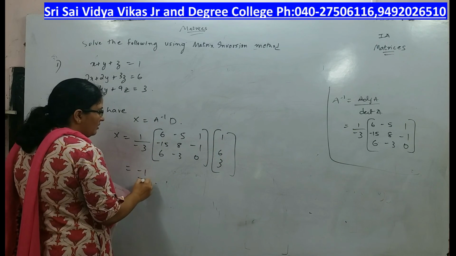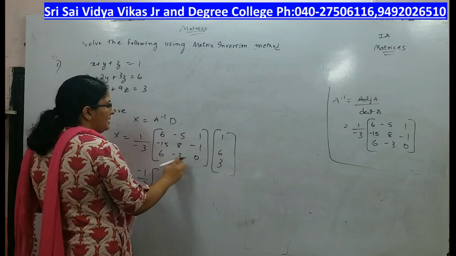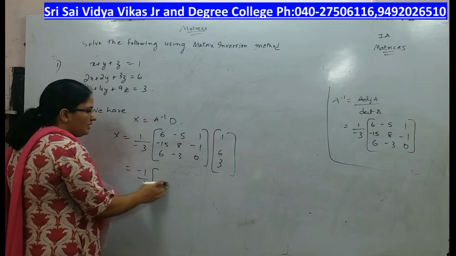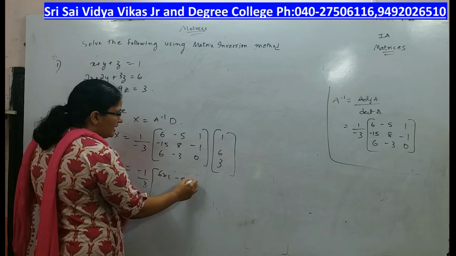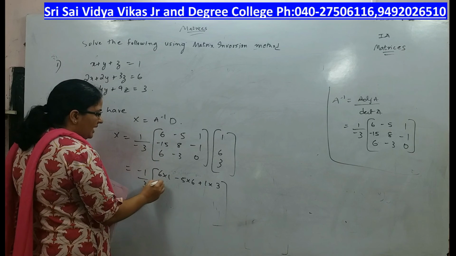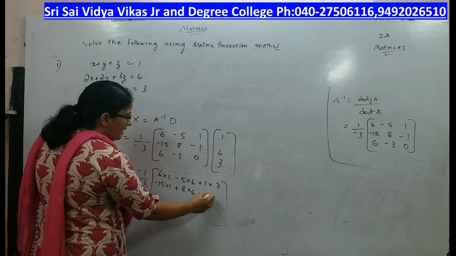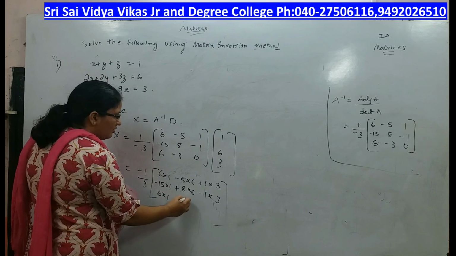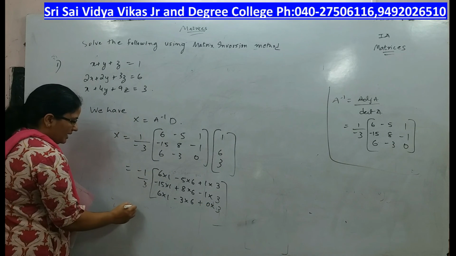Minus 1 by 3 into, how to multiply: first row first column, second row first column, third row first column. Now how to multiply: 6 into 1 minus 5 into 6 plus 1 into 3, minus 15 into 1 plus 8 into 6 minus 1 into 3, 6 into 1 minus 3 into 6 plus 0 into 3.